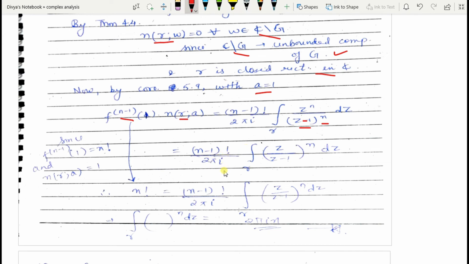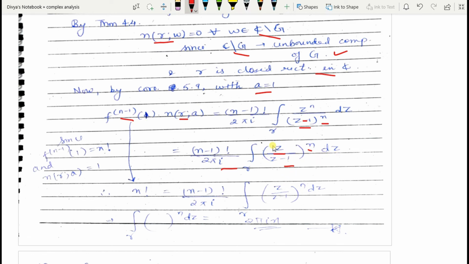Now the right hand side is n minus 1 factorial upon 2 pi i into the integration of z upon z minus 1 to the power n.